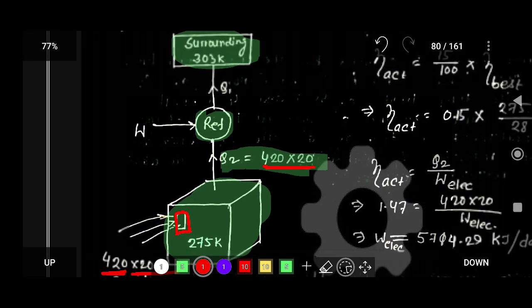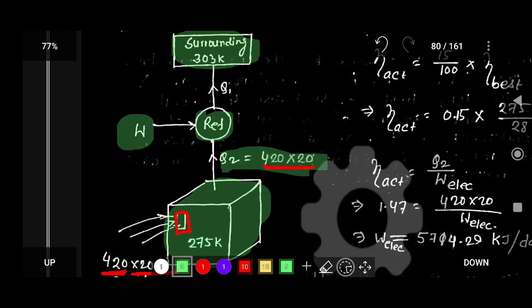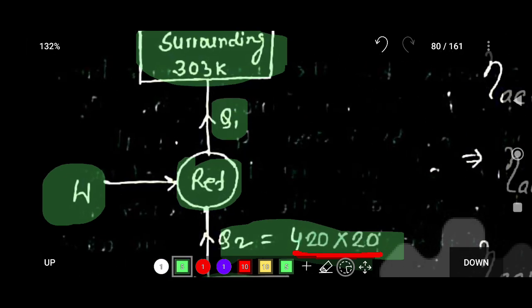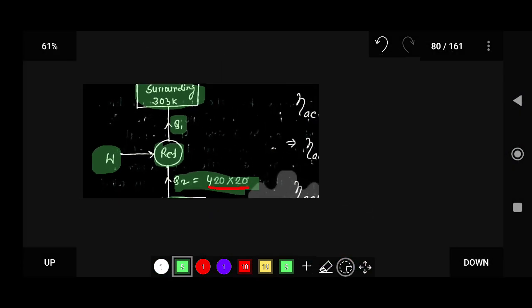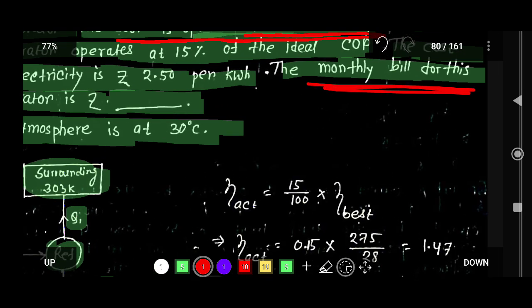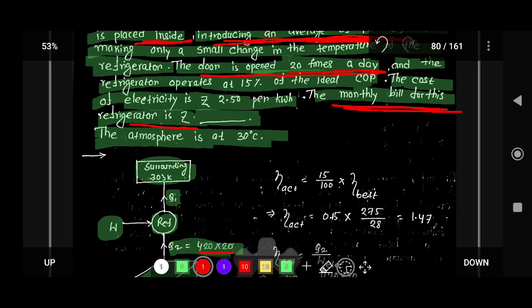There is a work transfer W, and Q1 is the amount of heat rejected to the surroundings. You have to find out the monthly bill to run this refrigerator.